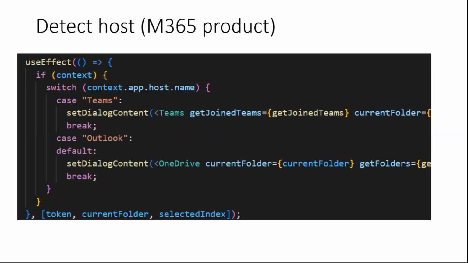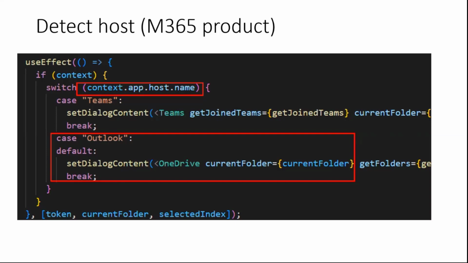The second thing is what we can do, and what I did, you remember that I was storing either to Teams or to OneDrive, is you can detect in your app which kind of host, which kind of Microsoft 365 product I'm running in. So I might either run in Teams, or, what I'm doing here, if I'm not in Teams, in Outlook or in a default way, then I use a different component.